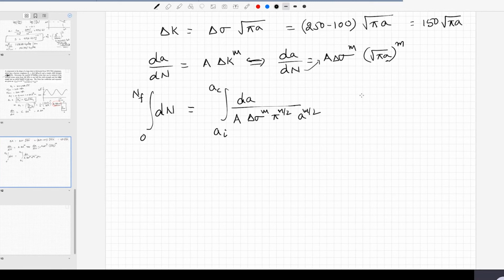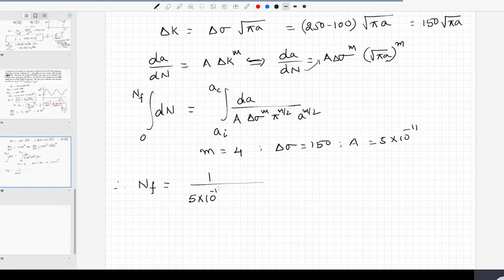That's what we have. And in this problem, M is equal to 4, delta sigma is equal to 150, and A is equal to 5 into 10 power minus 11 in consistent units. Therefore, NF is equal to 1 over 5 into 10 power minus 11 into 150 power 4 into pi square.